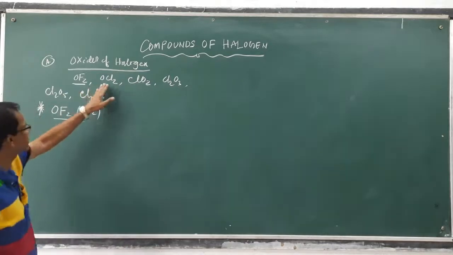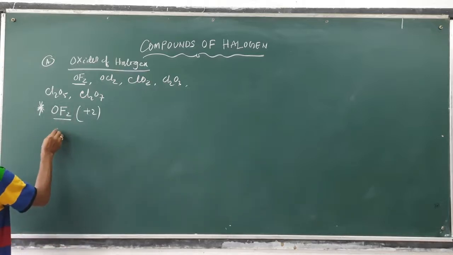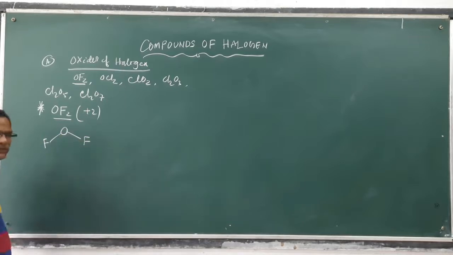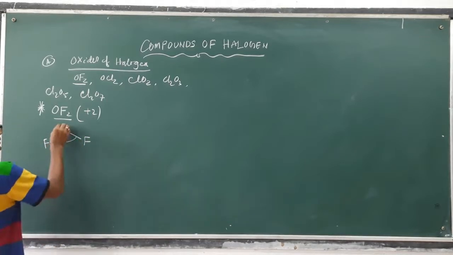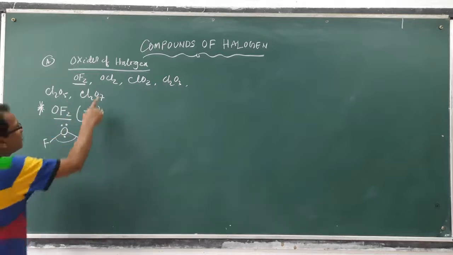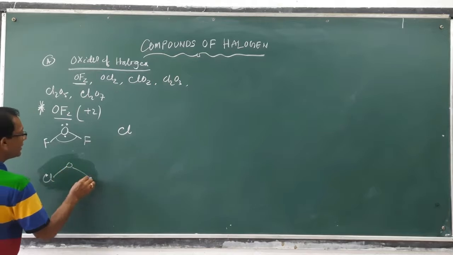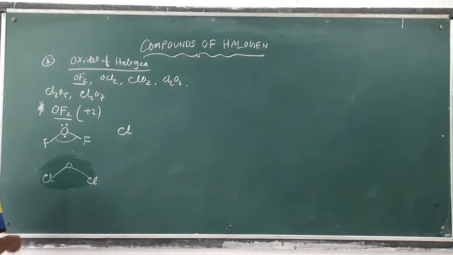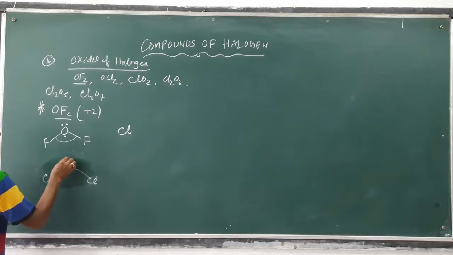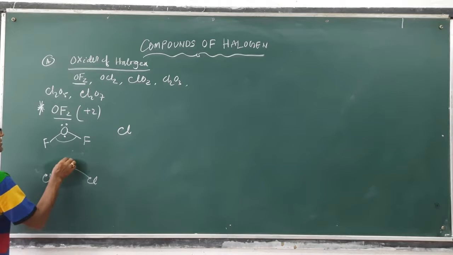If you see the structure of OF2 or OCl2, both are the same. The structure is O with F here and F here, with single bonds. Similarly OCl2 has O, Cl and Cl with single bonds, and oxygen has 4 electrons, so one lone pair remains.